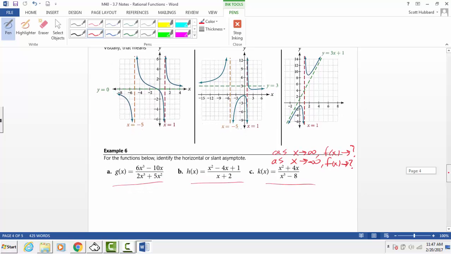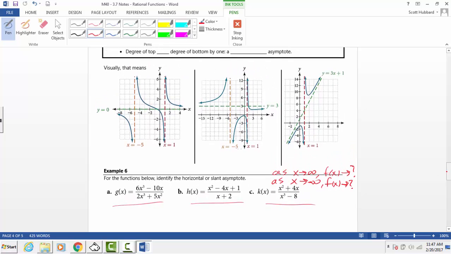So let's take a look at these examples here. If we take a look right here at this example, all I care about is just looking at these two. The other two do not matter at all, because remember, I'm talking about as x goes to infinity. So as x goes to infinity, I care about the cubed and the cubed on the top and the bottom.